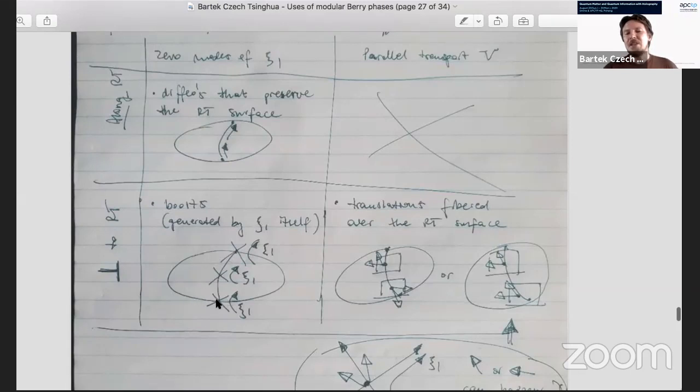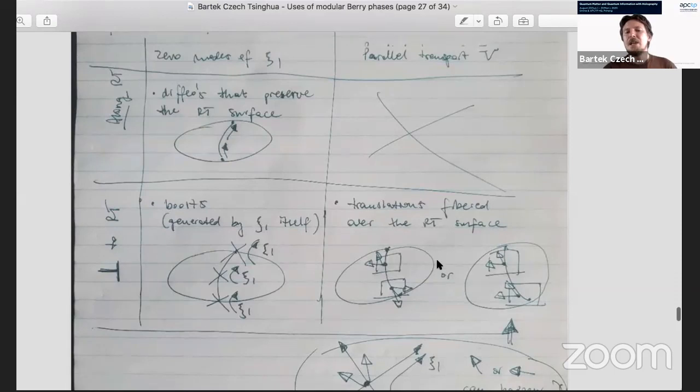So in general, what I'm left with after excluding both the diffeos along the RT surface and the boost are all types of translations in the two orthogonal directions. But these translations, again, are fibered over the RT surface, namely different points will get translated by different amounts.